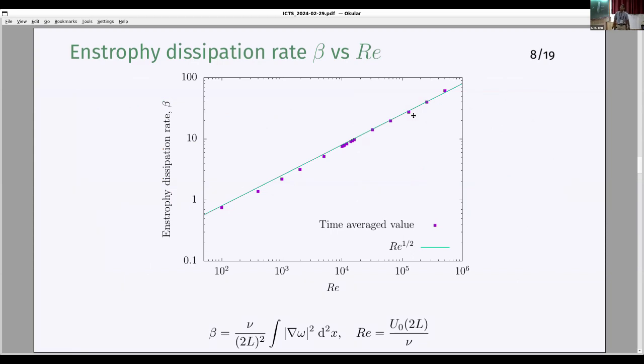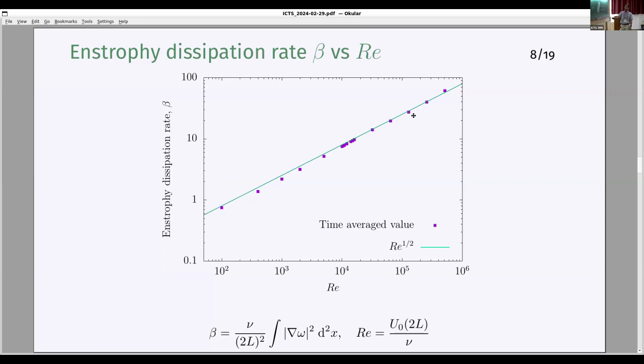Okay, so as I told you, this term is the entropy dissipation rate. If I take the time average of this entropy dissipation rate over a certain long time, and then plot the time-averaged entropy dissipation rate as a function of Reynolds number, this is the result. This is a log-log plot. The time-averaged entropy dissipation rate goes like Reynolds to the 1/2.